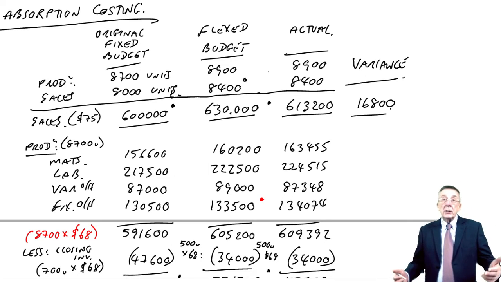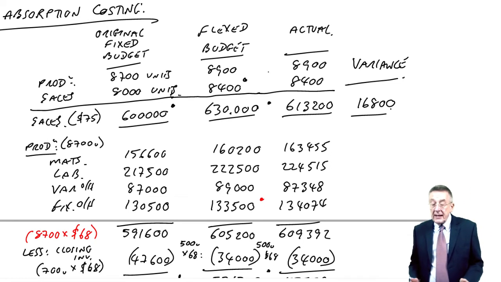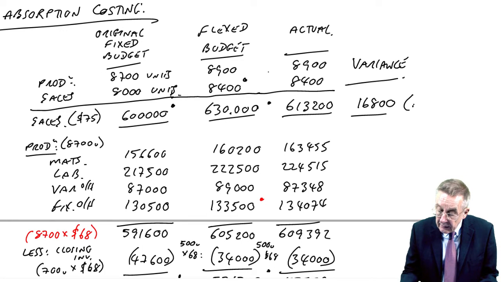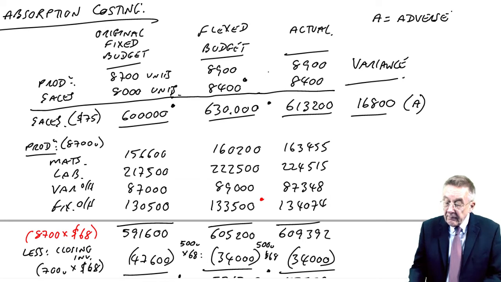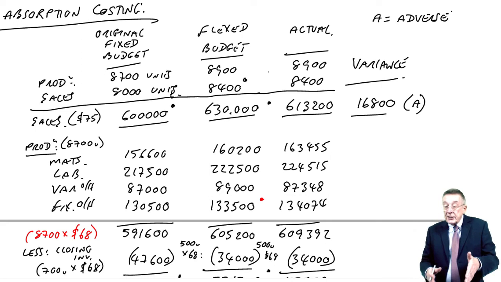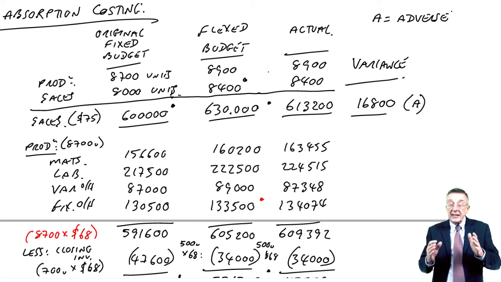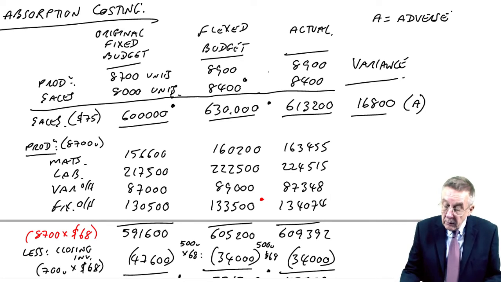And of course, on its own, less revenue will result in less profit. Well, rather than put brackets and things in, if you remember, we write against it, for this one, A for adverse, because less revenue means less profit. If it's going to result in less profit, it's adverse. If it's going to result in more profit, we use the letter F for favourable.